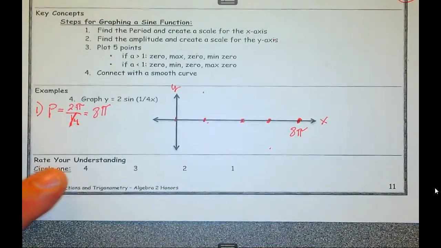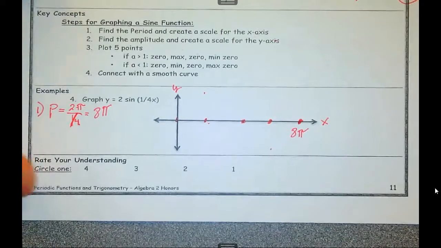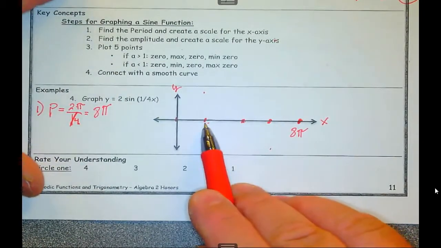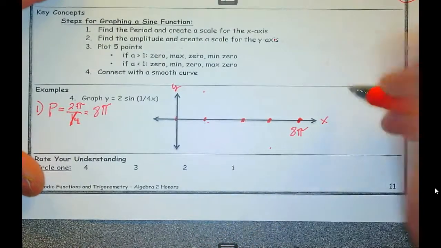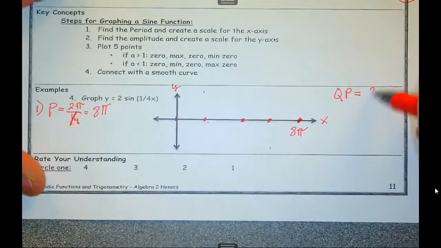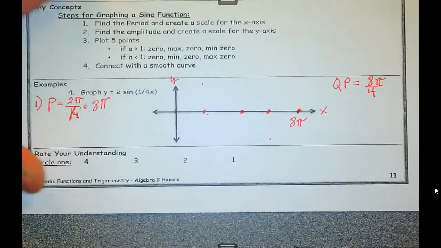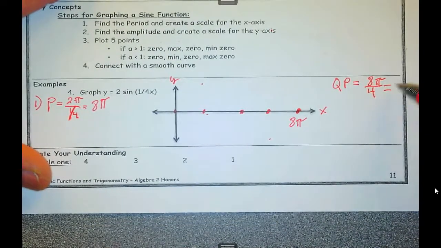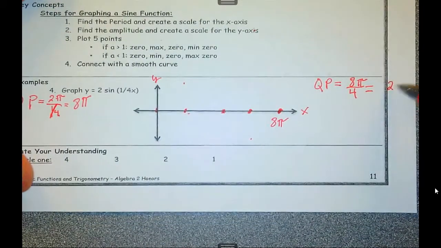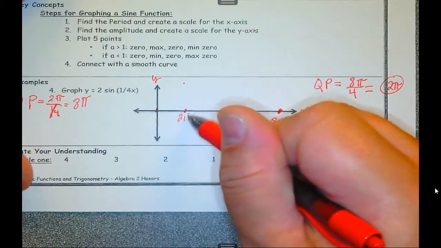So what she did to find the first quarter point was pretty slick. She took 8 pi divided by 4. What's 8 pi divided by 4? That's right, 2 pi. So she said this first point is 2 pi.